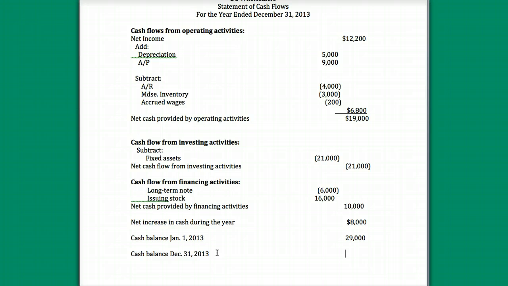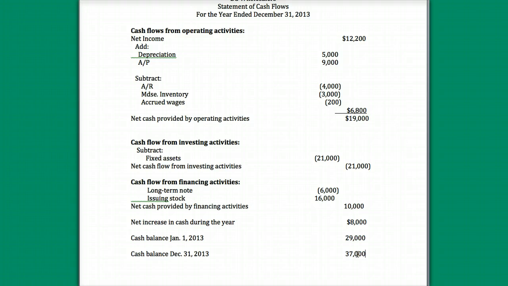If you go back and look at your book, those two added together are actually $37,000. So that's what you're supposed to do. If you get to this point and this number plus this number to give you this number is not the ending cash balance of your most recent balance sheet, then something's wrong. That has to balance.